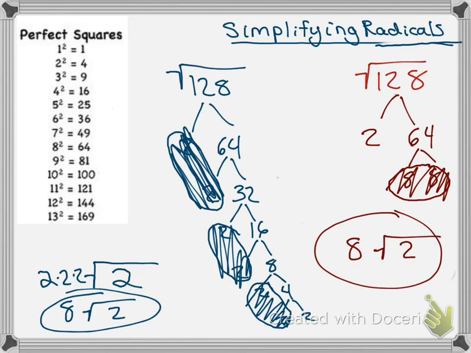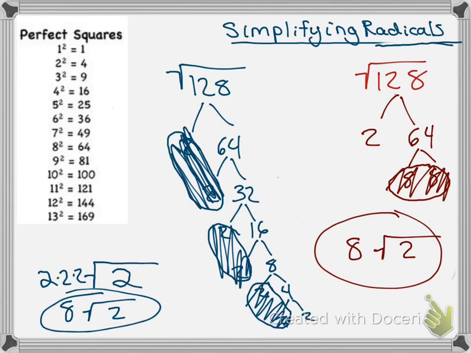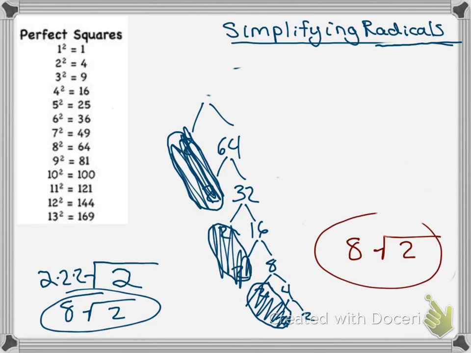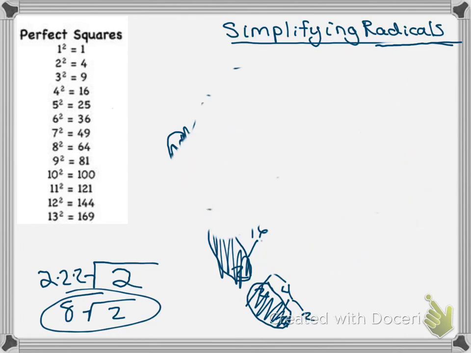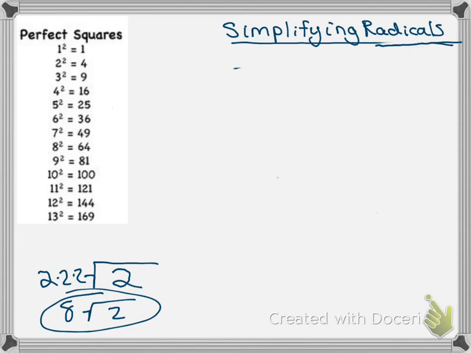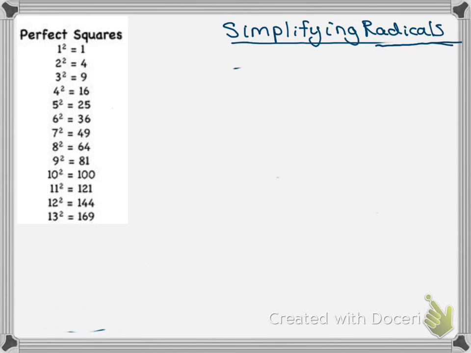So real quick, I want to work out one more problem. I'm going to go back to my previous slide, and I'm going to erase all this for a second. And we are going to do the square root of 288.